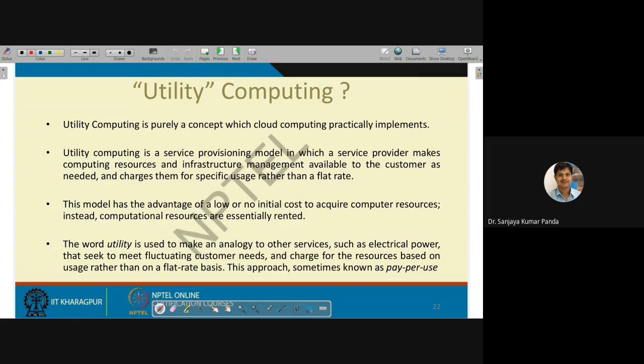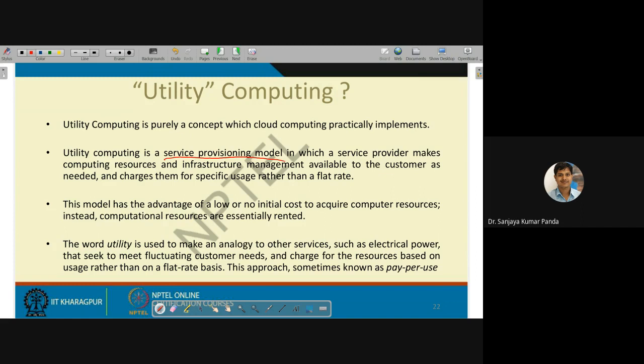So utility computing is a service provisioning model. If you want to get a particular service, you have to make a request. Like in client-server architecture I told you, the client makes a request and the server replies to that request. Similarly here, a user makes a request to the provider, and the provider replies with those resources, whether the resource is available or not, whether it is success or failure.